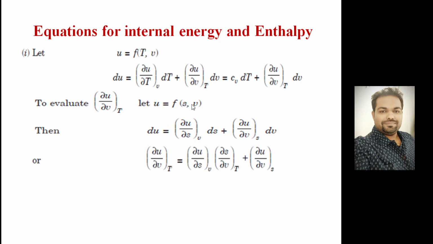Now from this, basically as I said, U is a function of S and V, right? So this term can further be written as ∂U/∂V at T is equal to ∂U/∂S at V into ∂S/∂V at T plus ∂U/∂V at S. You can write this term.